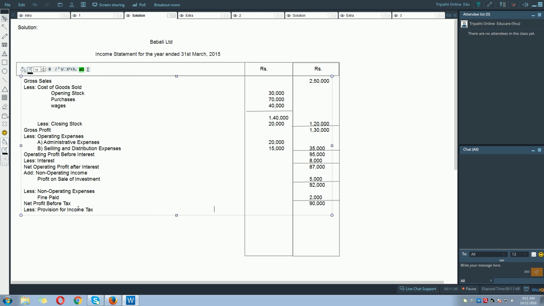So less: provision for income tax, 30,000, and you will get net profit after tax, which is 60,000.